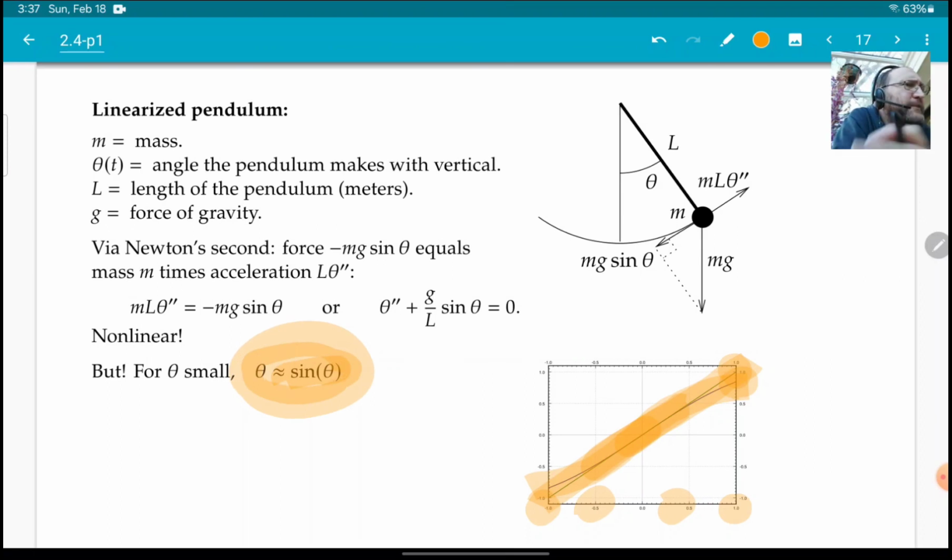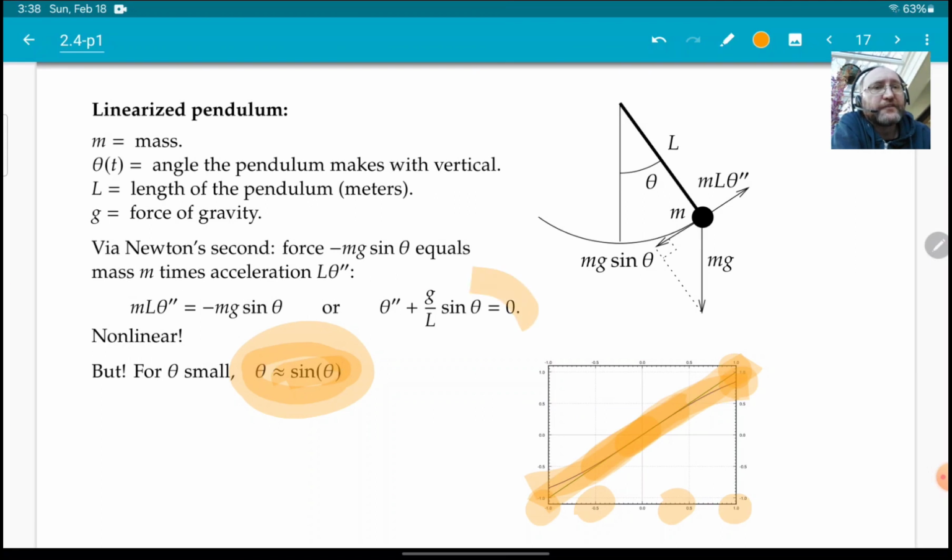And that's really coming from the linearization that you did in Calc 1, where you do a linear approximation of a function in terms of its derivative. So this is precisely the reason why you'd want to do something like that.